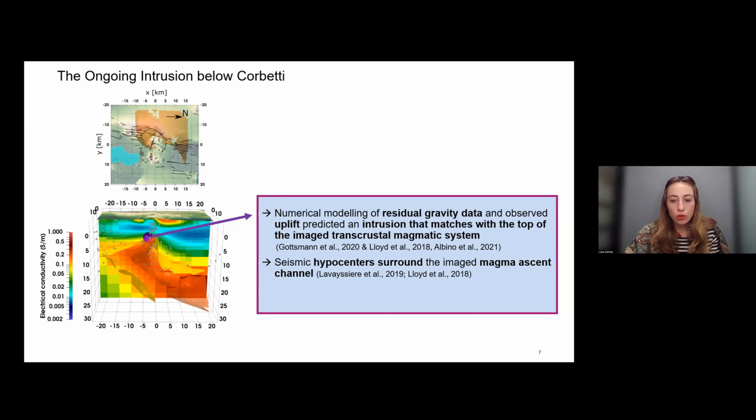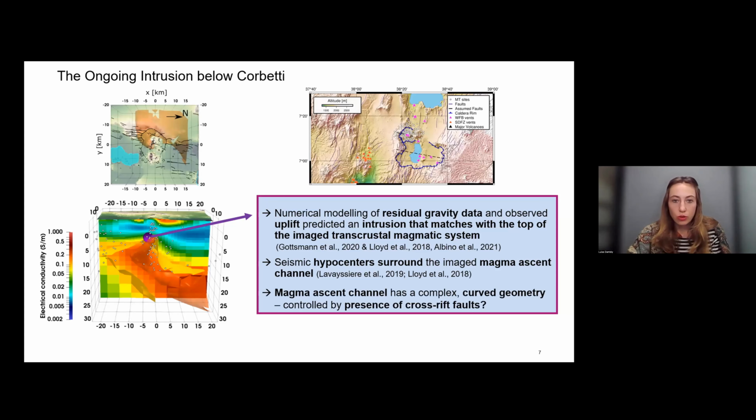What we also noticed is, as I told you, Corbetti is really on this verge between the southern and central main Ethiopian rift. And it is believed that we have transversal faults in that area, one cross-cutting through the middle of the caldera and another one a bit south of it.